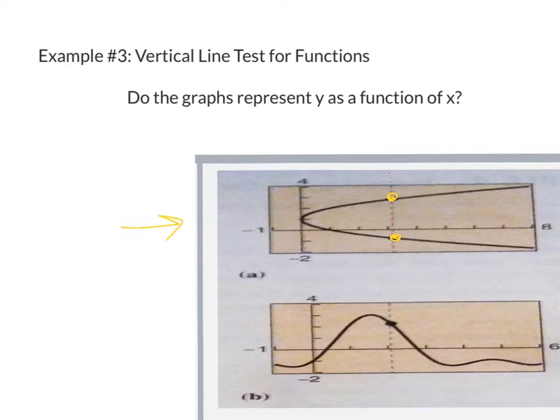So this one is not a function. On the next one, the second one, again, is making a vertical line, and it only crosses in one place. So this one is good to go. It is a function.